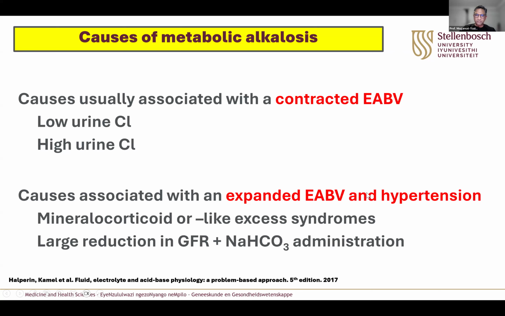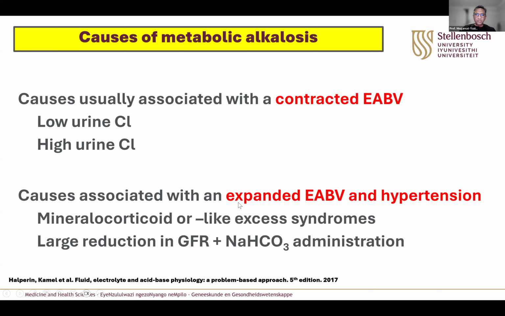The other is a metabolic alkalosis, but with an expanded effective arterial blood volume and usually hypertension as well. The causes here are really patients with mineralocorticoid excess syndromes like Conn syndrome, or mineralocorticoid-like excess syndromes. This would be things like apparent mineralocorticoid excess or 11-beta hydroxysteroid dehydrogenase deficiency, or Cushing syndrome, or licorice ingestion.